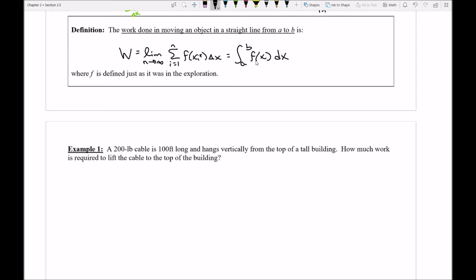I'm going to actually go ahead and deal with this in a slightly different way. What I'm going to do is to actually rethink this construction slightly. Instead of dealing with f as a function that quantifies the amount of force acting on the object, I'm going to try to imagine little amounts of work that are going to be adding up to our total amount of work.